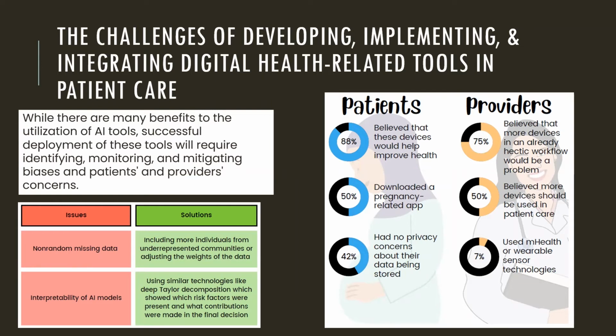And the way to resolve this issue is to utilize similar technology to the deep Taylor decomposition, where it actually showed which risk factors made contributions to the final decision.